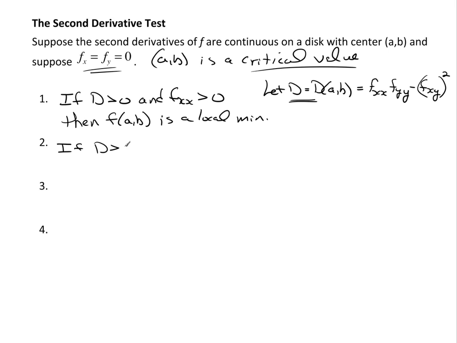If D is positive and the second partial is negative, then f of (a, b) is a local max.